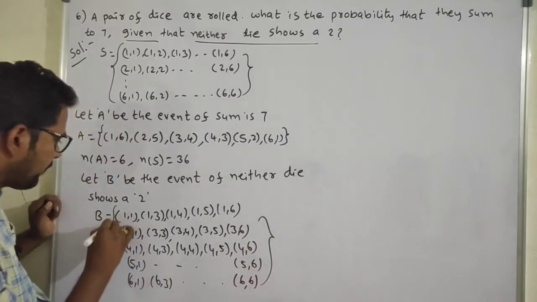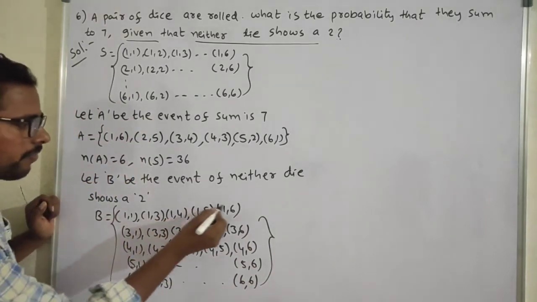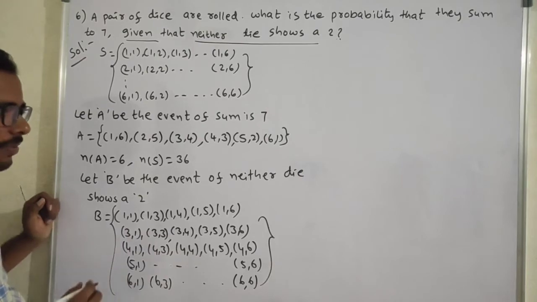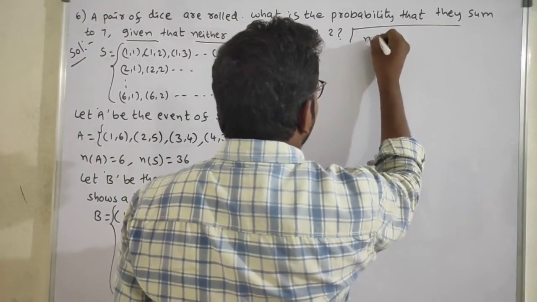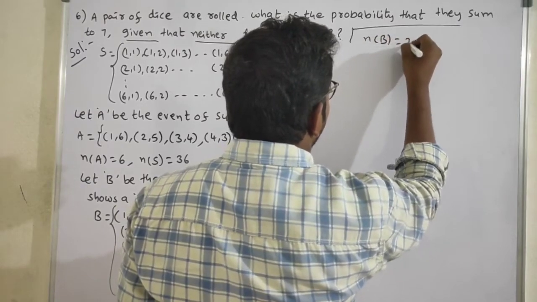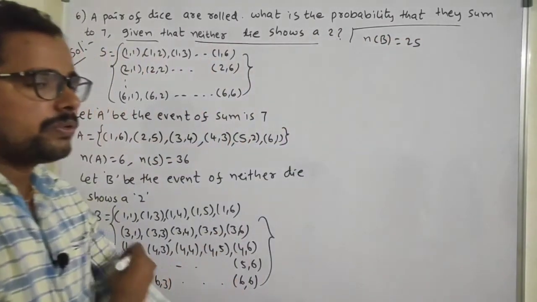Total events are 5 times 5, which is 25. So n of B is equal to 25.